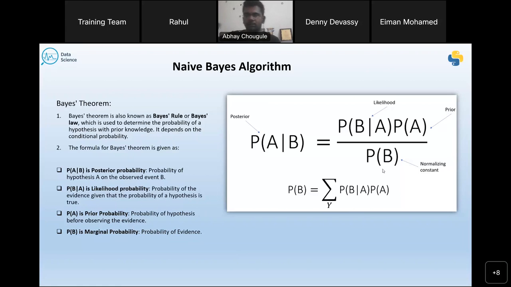It's that conditional probability, so it depends on each and everything.